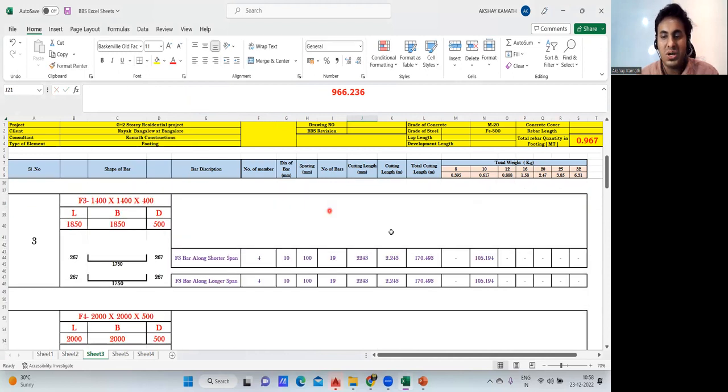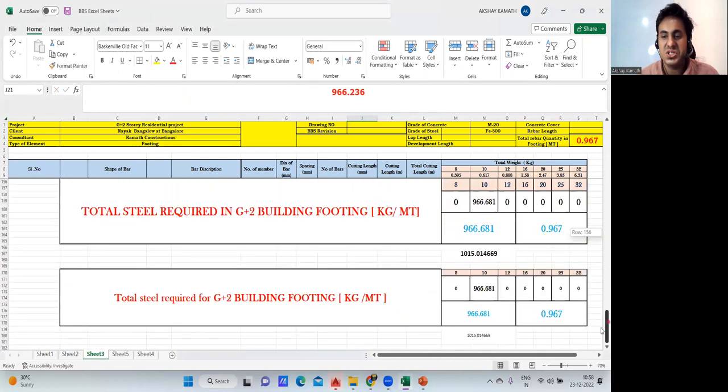So what has changed? Nothing much has changed, hardly anything. Initially it was 966.236, now it has changed to 966.681. Hardly 0.4 has changed. That's it. Not a big change has happened. Even if you put a cost also, nothing will change here. Getting my point? So based on the requirement, you can do that.